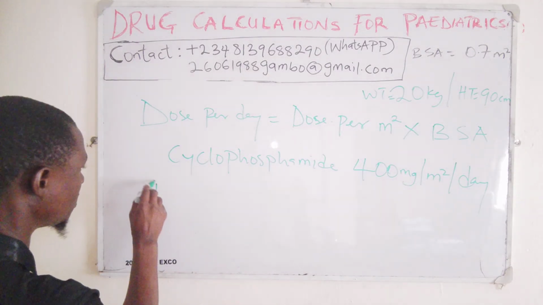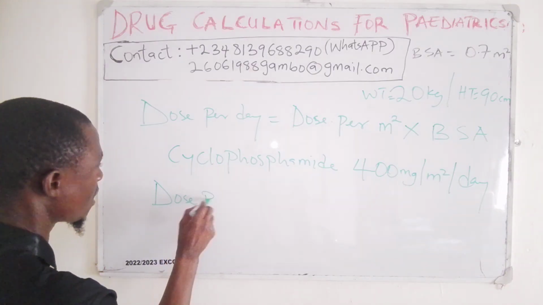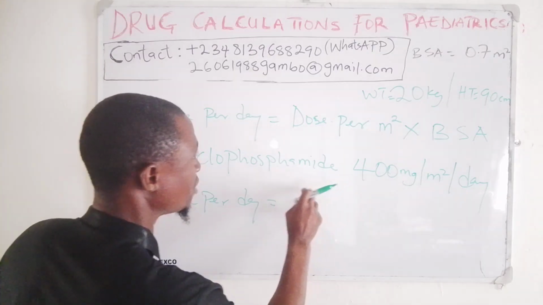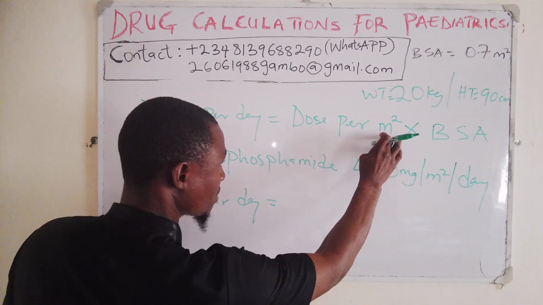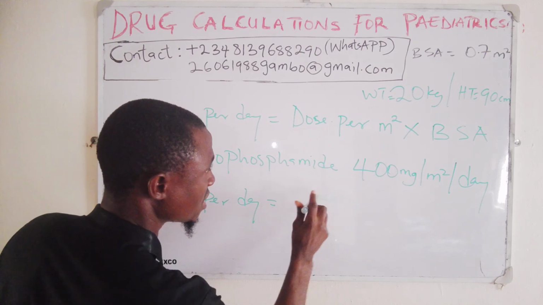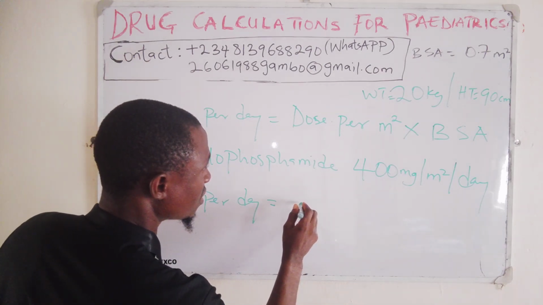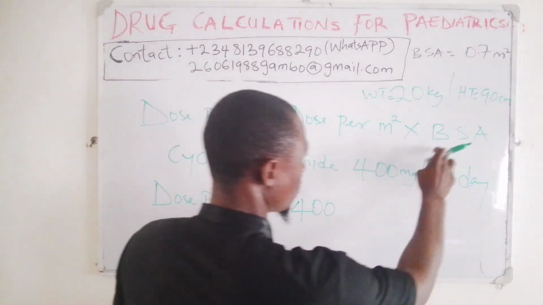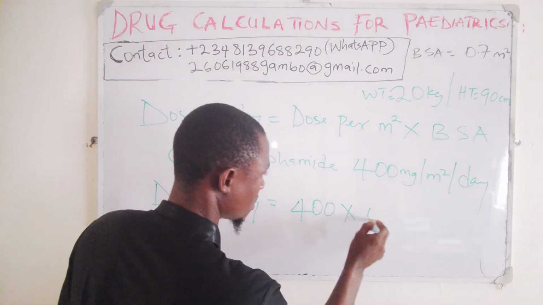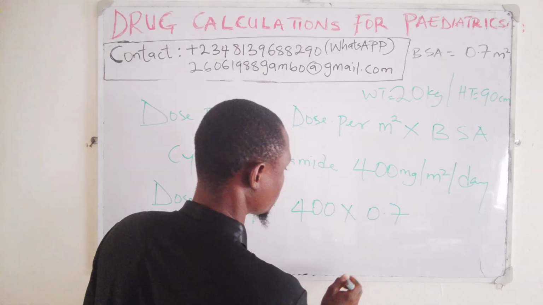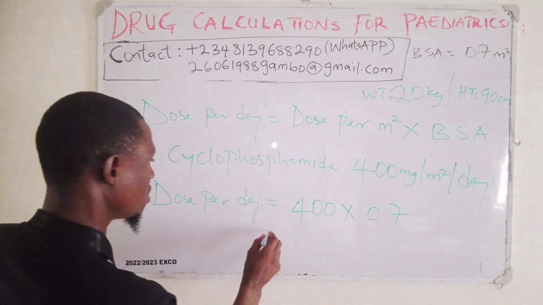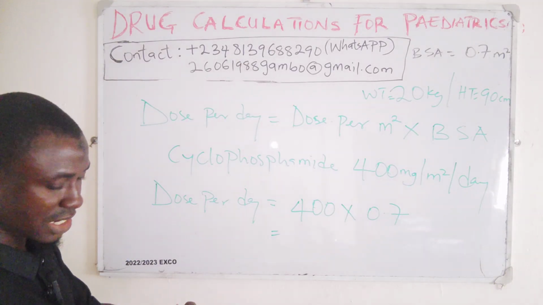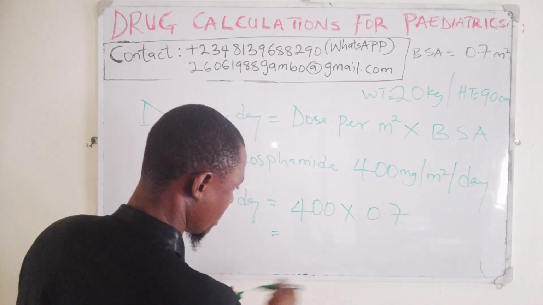Dose per day for cyclophosphamide will be dose per meter squared, which is 400, multiplied by our body surface area, 0.7. This gives us 571 milligrams per day.